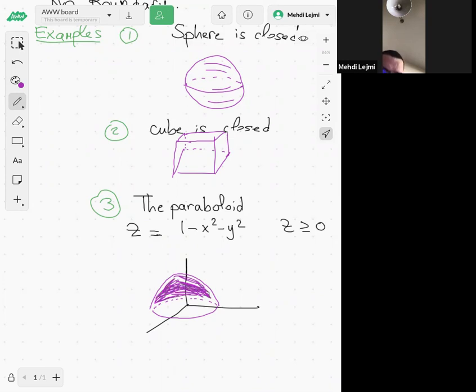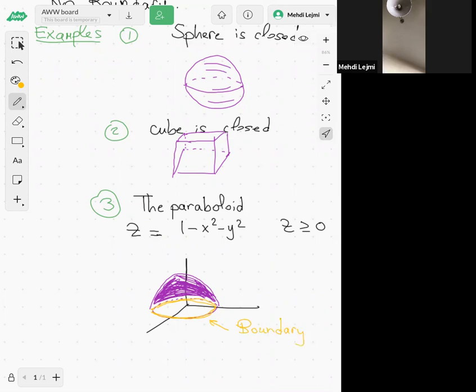This surface is not closed because it has a boundary, and the boundary would be this circle, right? This would be the boundary of my paraboloid.